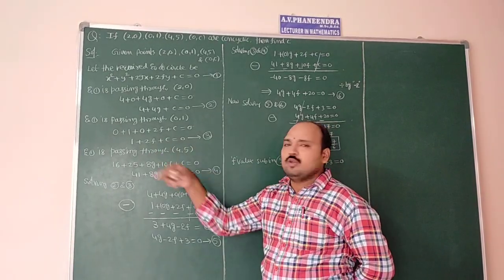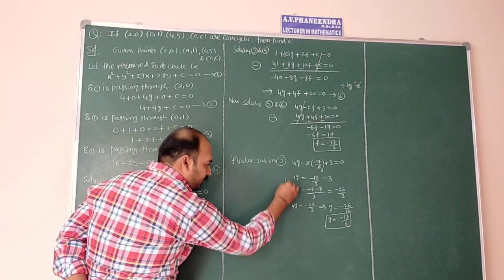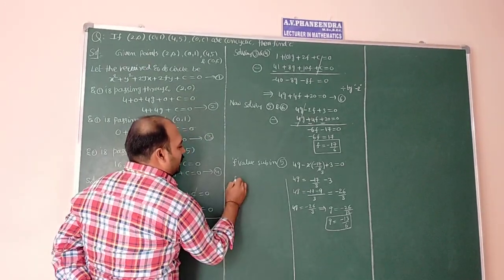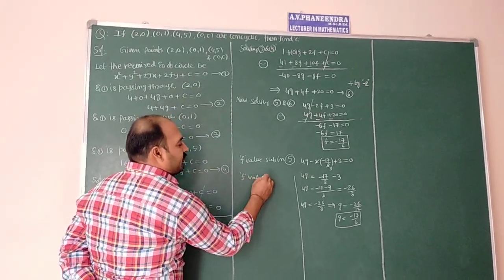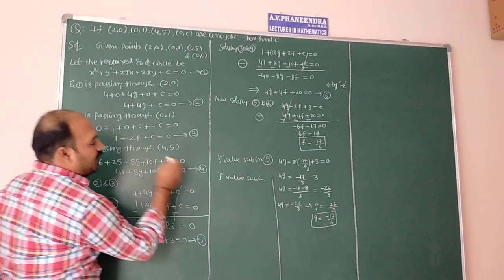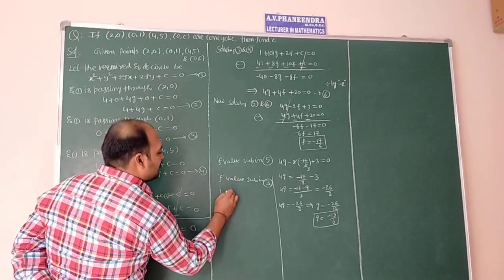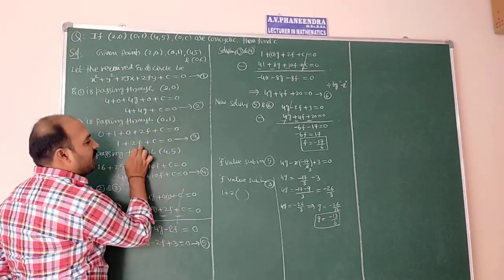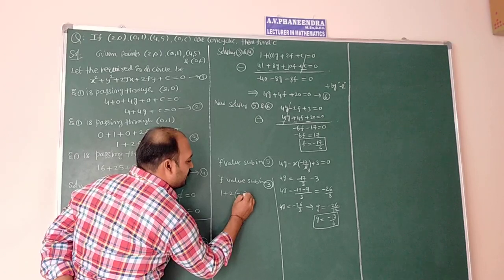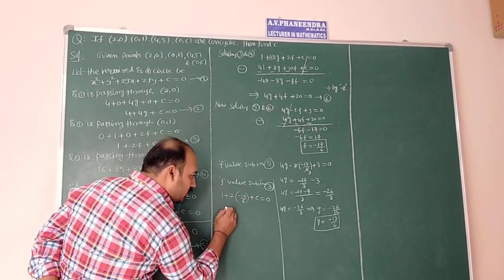Substitute in equation 3, you will get the c value. Here only I will do it. F value substitute in equation 3. 1 plus 2 into f value, minus 17 by 6, plus c equal to 0.